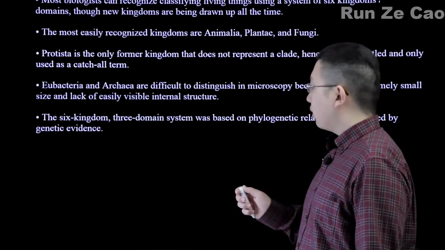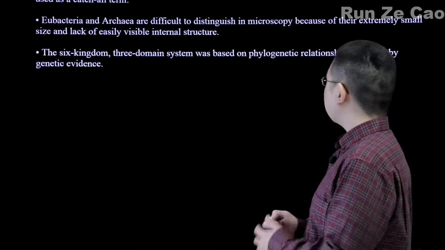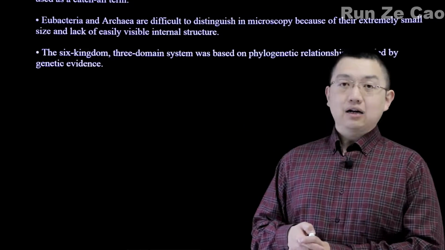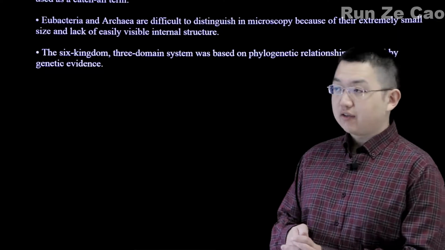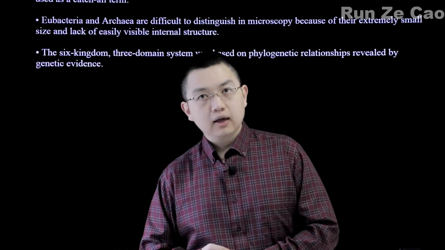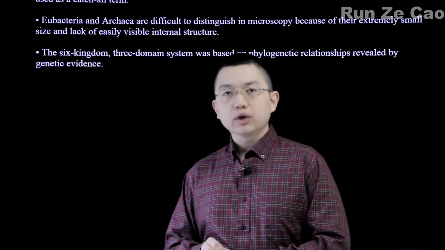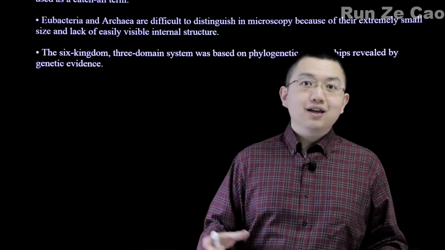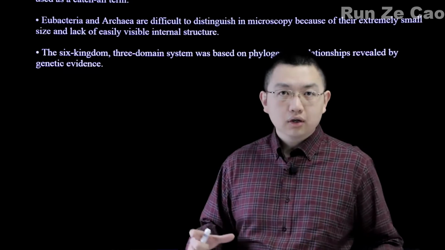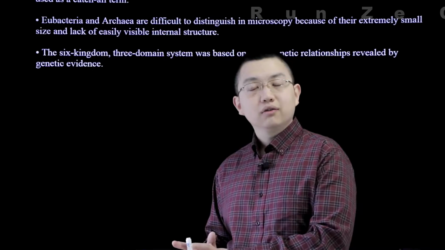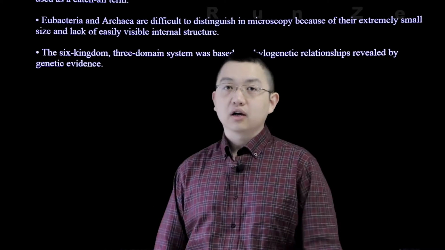The six kingdom three-domain system was based on phylogenetic relationships revealed by genetic evidence in terms of, hey, Archaea seem to genetically have diverged less from eukaryotes than either one has from bacteria, which means that we need the domains to make the prokaryotes separate from eukaryotes without failing to make the eukaryotes a clade.